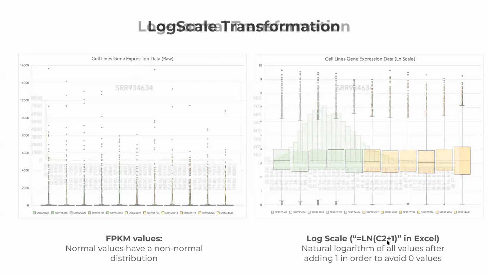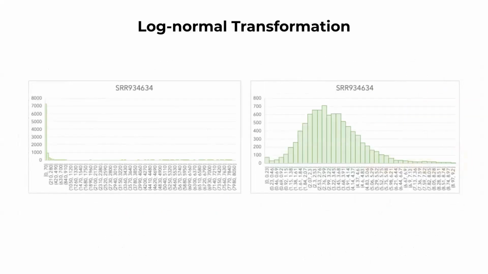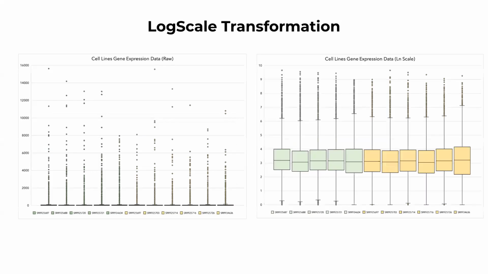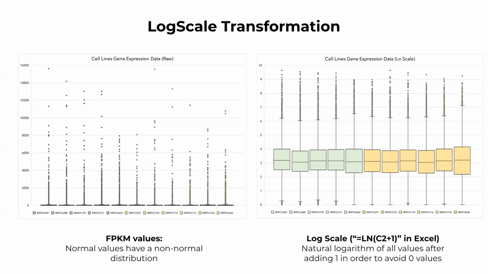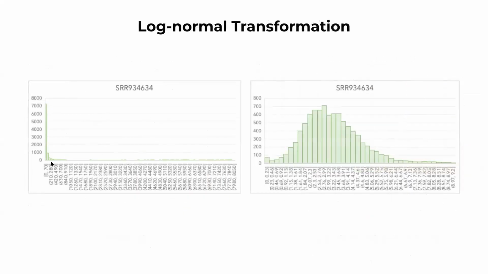Now, if you do the histogram of an individual sample, right? So right here, we go back real quick. This is an individual sample. If you do the individual sample as a histogram in normal scale, you can see that the majority of your data is in the first bin between 0 and 70.